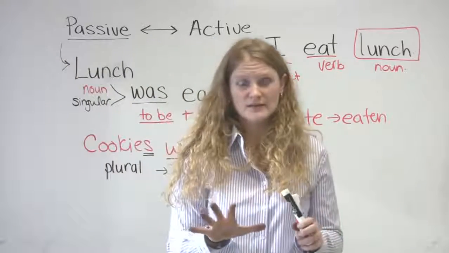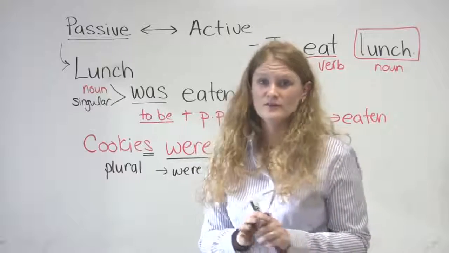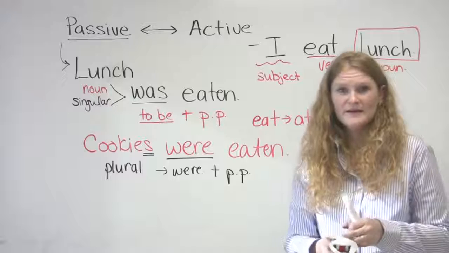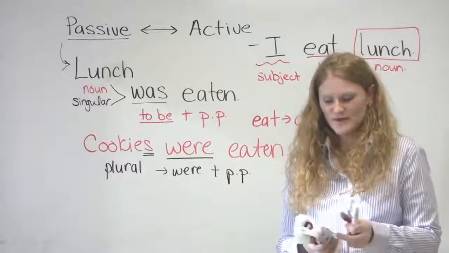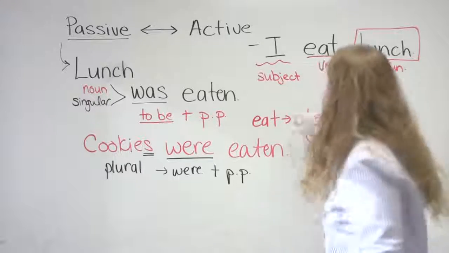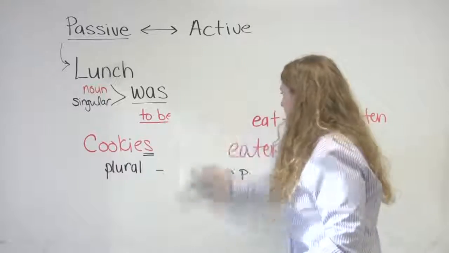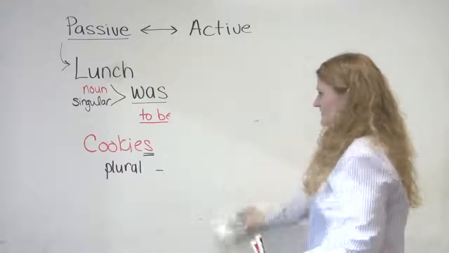One really good example of when you really need to use the passive is this. We have hair. Sometimes it grows very long. We need to go to a place to have our hair cut.